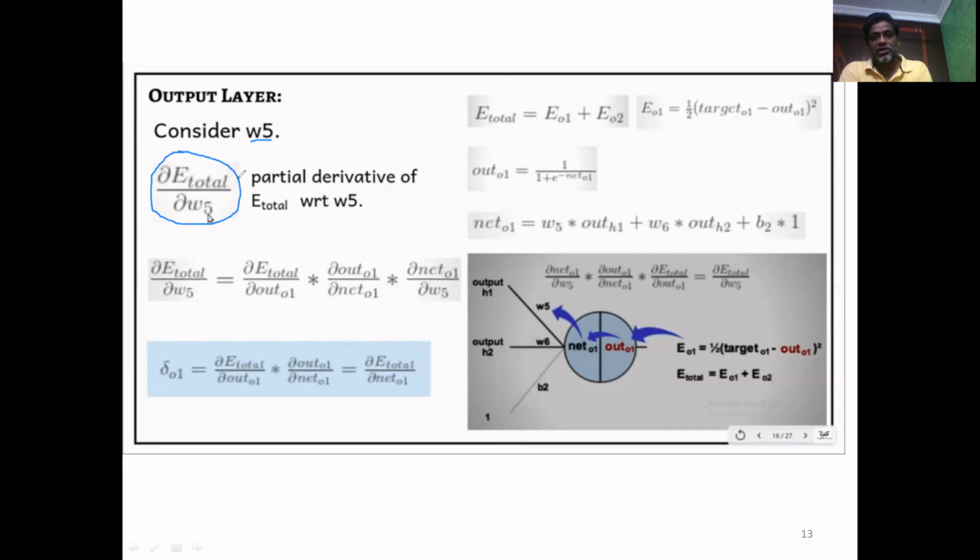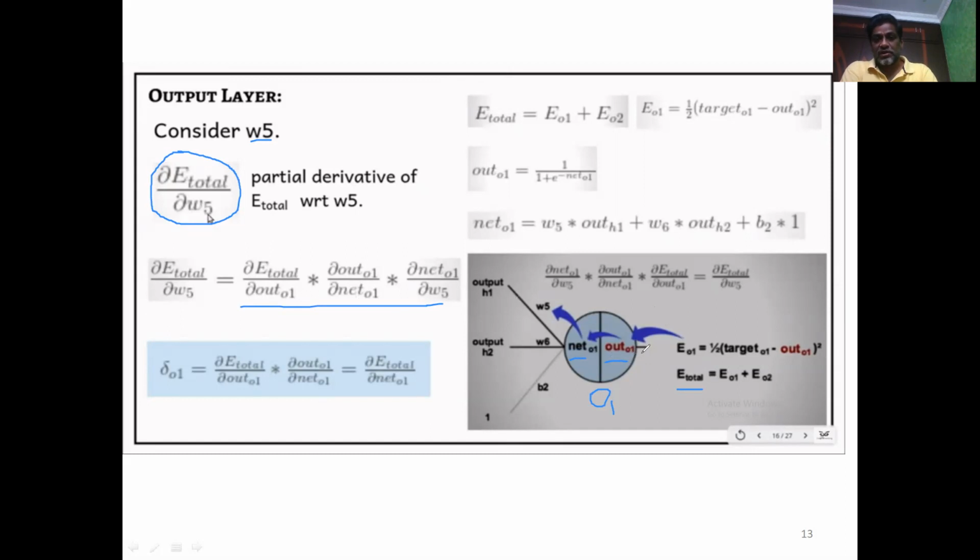So how will this be calculated? To calculate this, we need to use this formula. How did it come? Look into this diagram now to understand this formula. It is very easy. This is the output neuron 1, O1. We know the values of net O1 and out O1 also. And we know the E total, which is calculated as EO1 plus EO2.